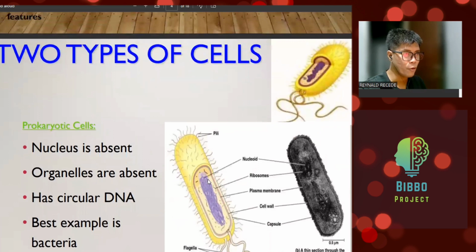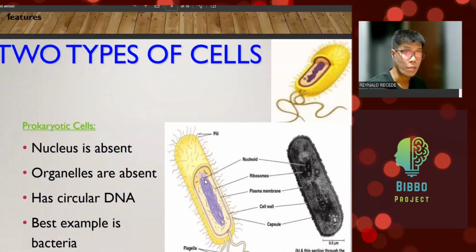Now let's try to look further into the parts or what is present and absent in them. For the prokaryotic cells, nucleus is absent. There is no nucleus, pero meron siyang nucleoid region. Nakita niyo naman yung spelling kanina, and you can see it here projected as well. And this is where the genetic material is concentrated. Dun sila makikita. Sunod, organelles are absent.